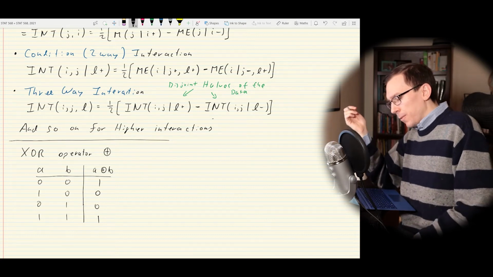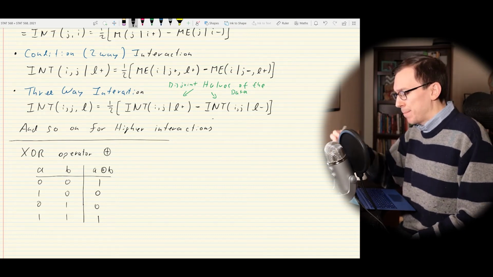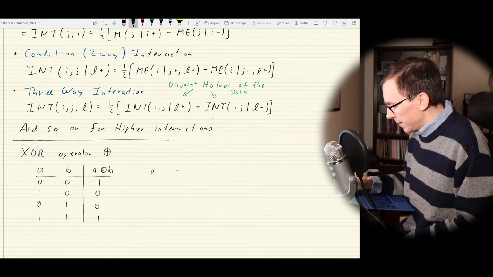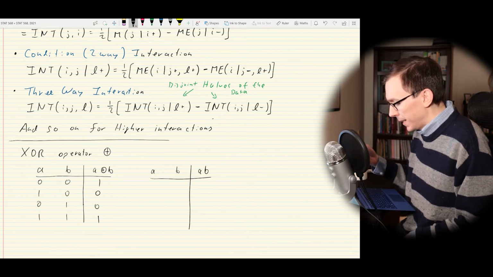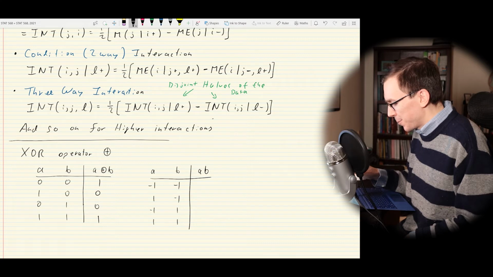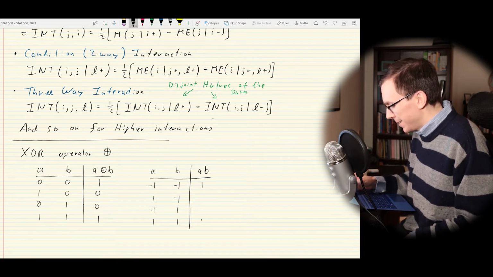Now, what we can do is we can map this multiplicatively to minus ones and plus ones and use multiplication. So if I map 0 to minus 1 and 1 is just plus 1, then we get the same type of result, which is a minus 1 times a minus 1 is a plus 1, and a plus 1 times a plus 1 is a plus 1.